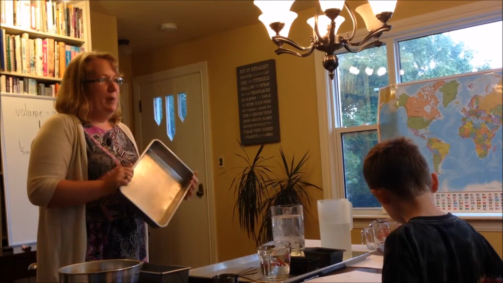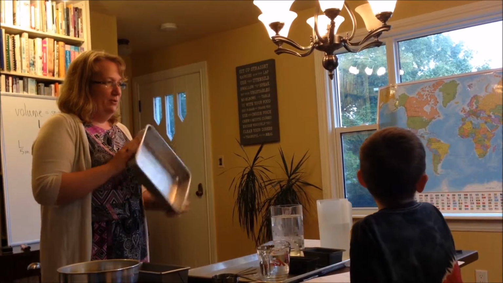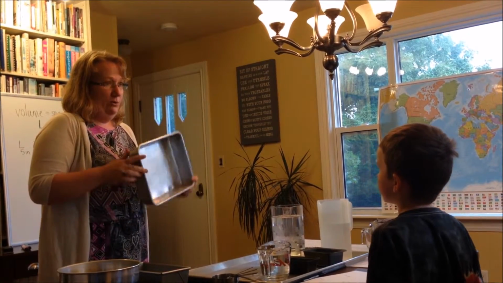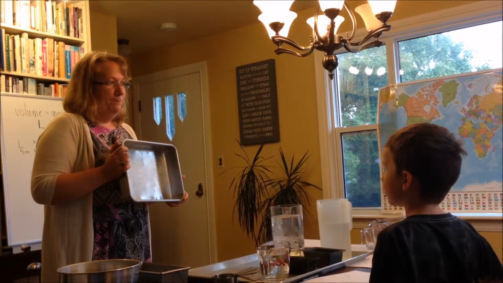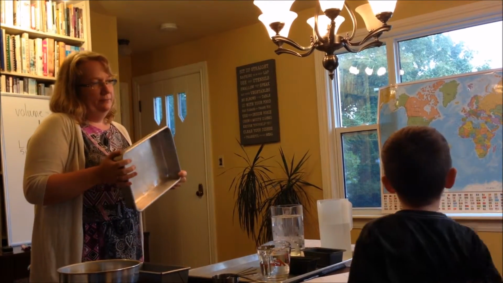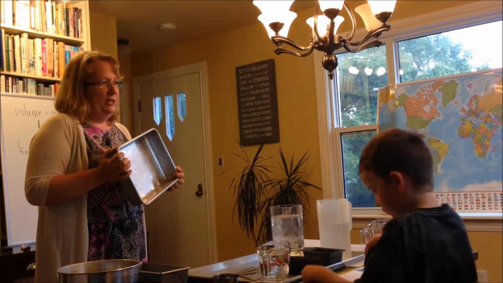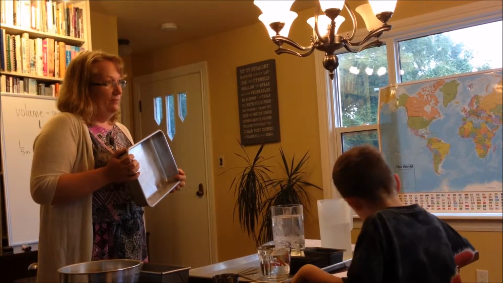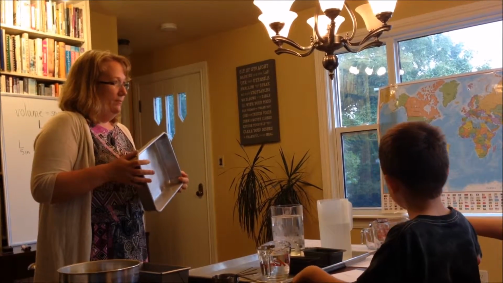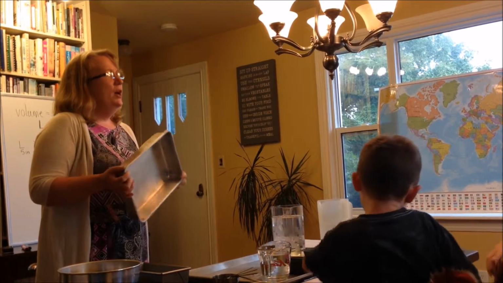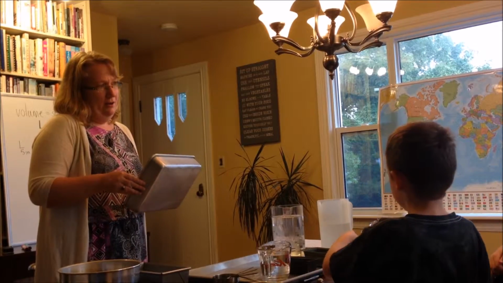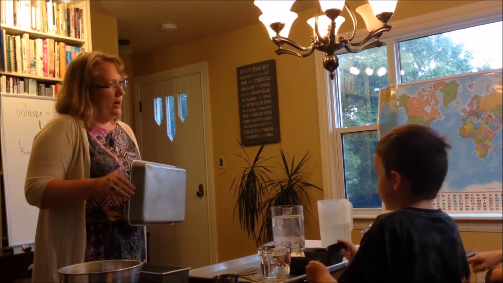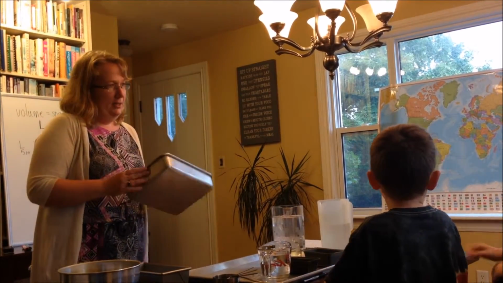So what can you go back and do to figure out the volume of a pan that you don't know anything about? Get a ruler and then measure it like we just did. And what's the other thing? What's the easier thing to do in the kitchen? What we just did, fill it up and then put it in a measuring thing. That's right. And then what could you do so you don't have to do that the next time you pick up that pan? Write it down. That's right.